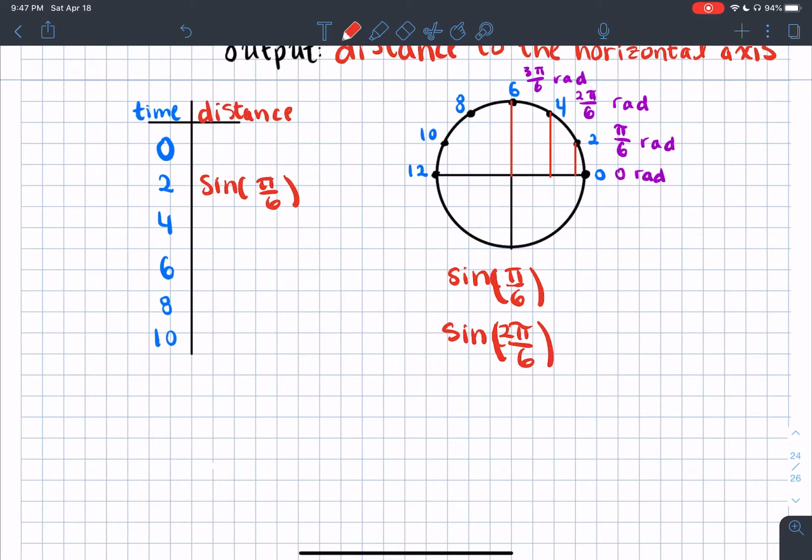Sine of 0 is 0, so we're going to leave it with that. 4 seconds would be sine of 2 pi over 6, which is the same thing as sine of pi over 3. 6 would be sine of 3 pi over 6, which is the same as pi over 2, and so on. We can continue with the same pattern. Sine of 4 pi over 6, so 2 pi over 3. Sine of 5 pi over 6.